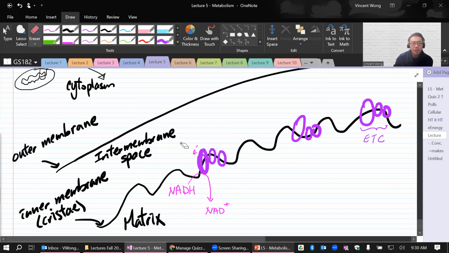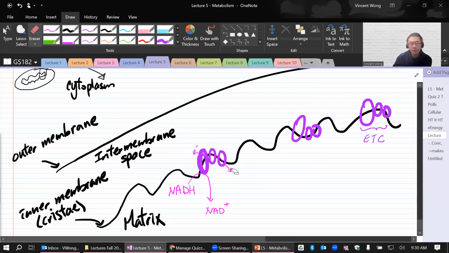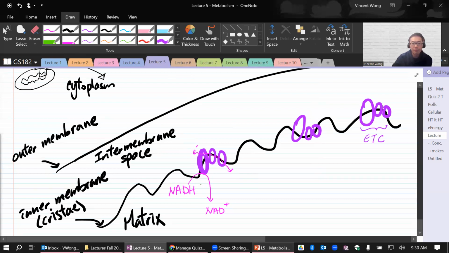So what's going to happen to this electron? This electron is going to get passed down the ETC. It's going to get passed on to the next one and the next one and the next one. As the electron is being passed down, the energy from the electron is used to pump H plus from the matrix into the intermembrane space.